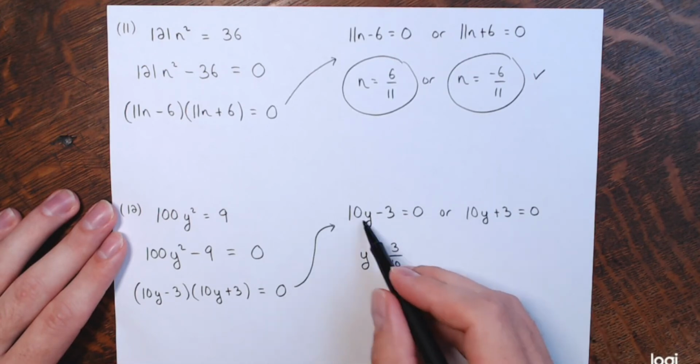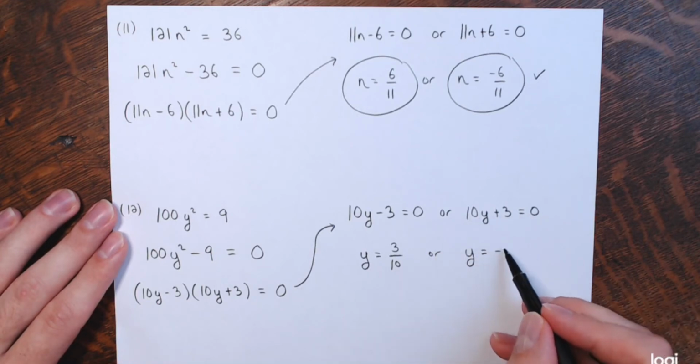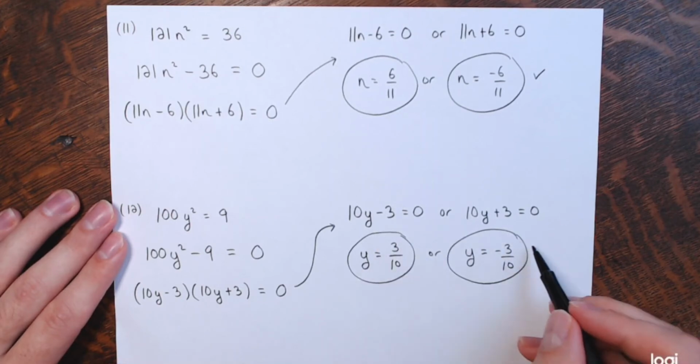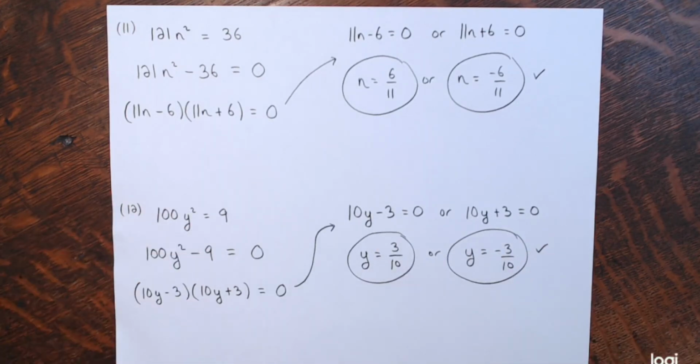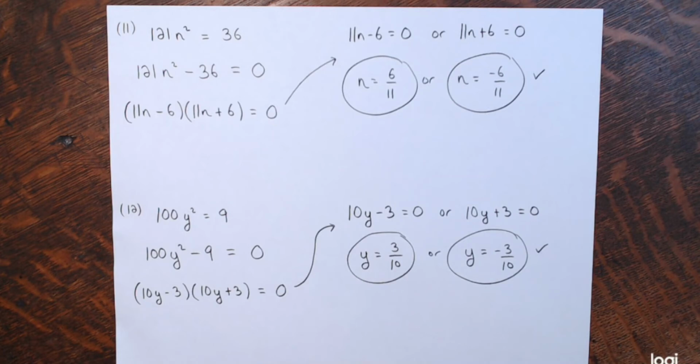Right? Add 3, divide by 10. Or y equals negative 3/10. And check them both back in the original statement. They make it true. And once again, you could say plus or minus 3/10 if you wanted. Mean the same thing.